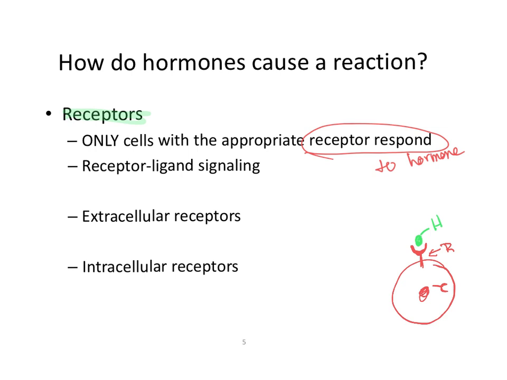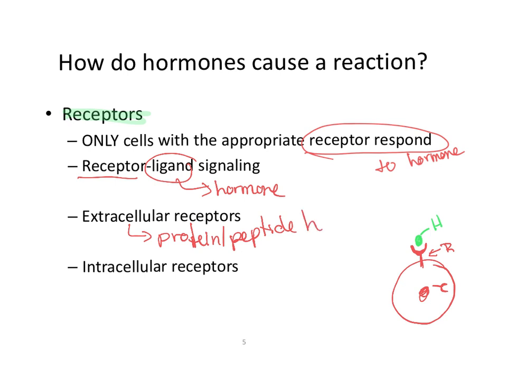Now, we call that receptor ligand signaling. Receptor is your receptor. Your ligand is your hormone. And when your ligand or your hormone binds a receptor, something happens. Extracellular receptors are required for protein and peptide hormones or amino acid hormones.